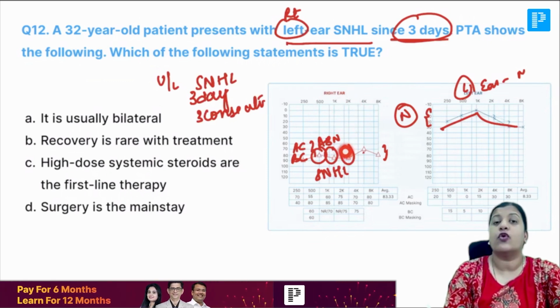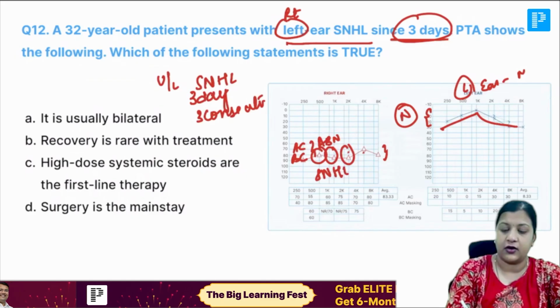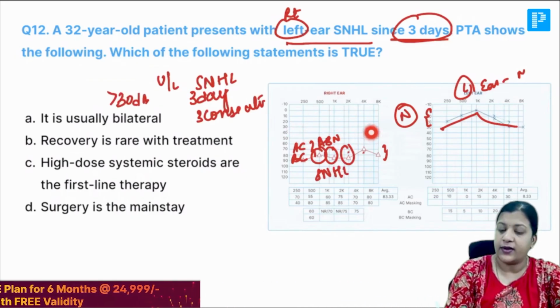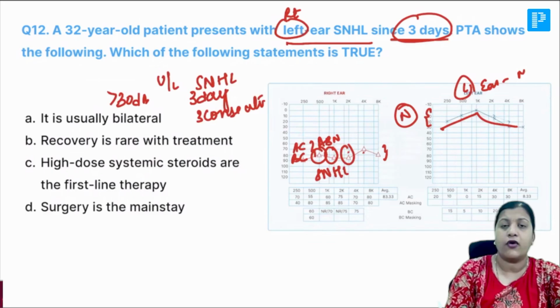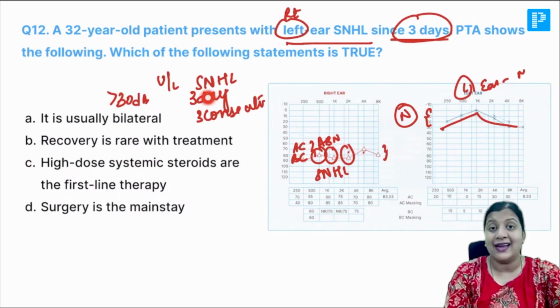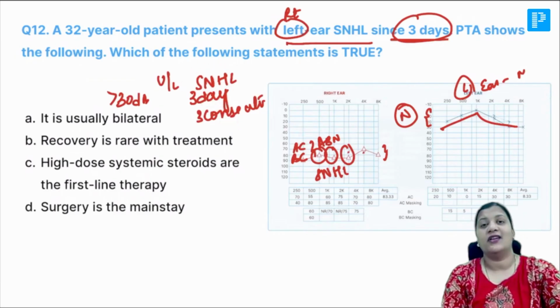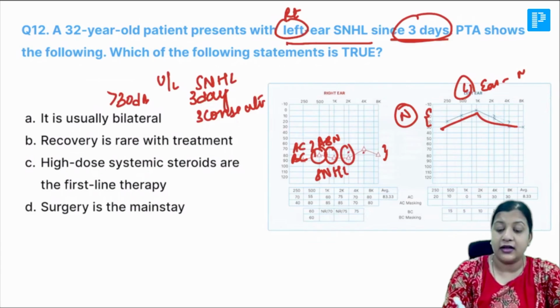So if there is more than 30 decibel hearing loss, how much? More than 30 dB. If you see at all frequencies, the hearing is below 30 for sure. So if there is more than 30 decibel hearing loss in 3 days, in 3 consecutive frequencies, then you're going to think of unilateral sensory neural hearing loss, which is sudden type.